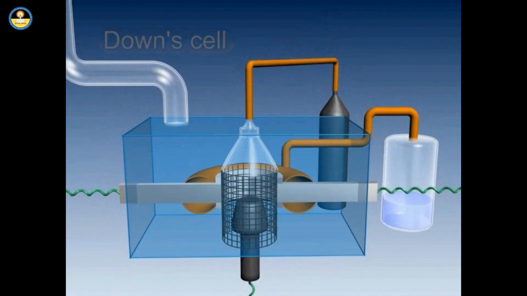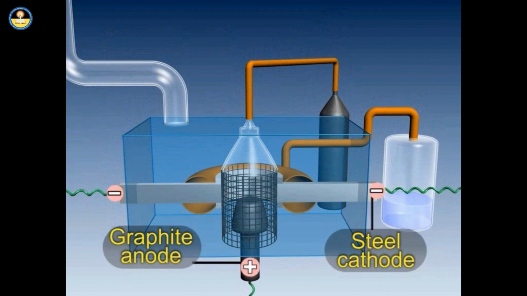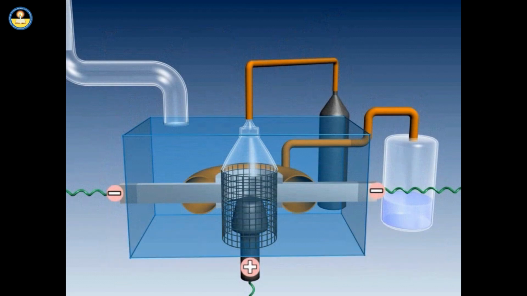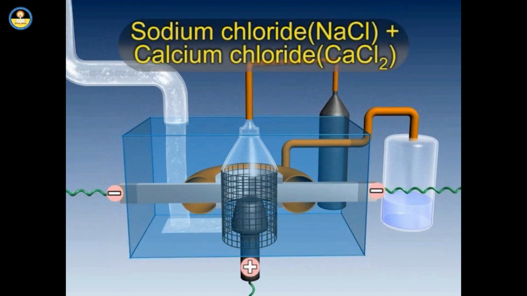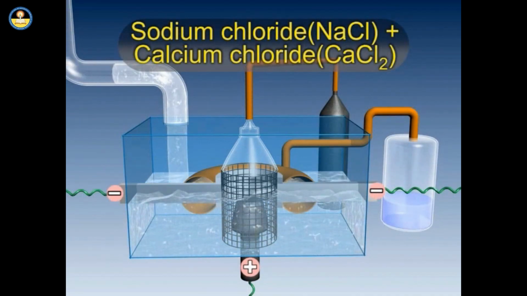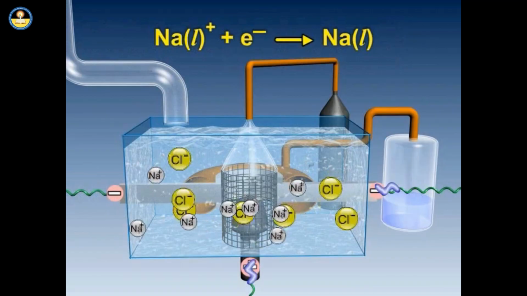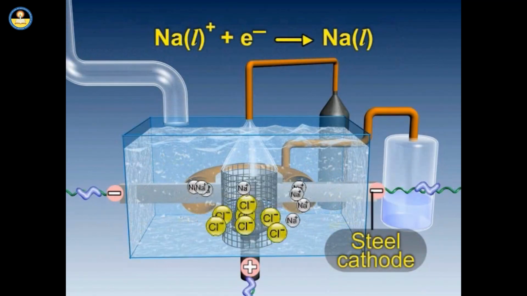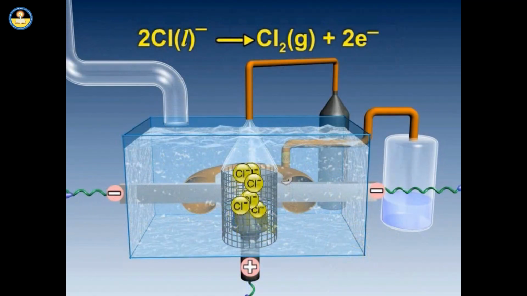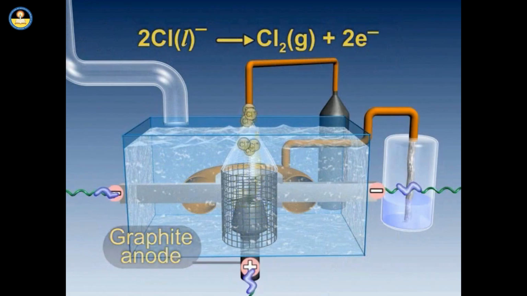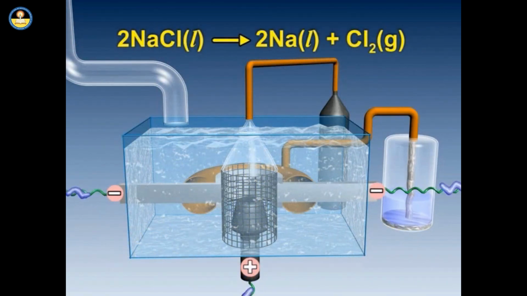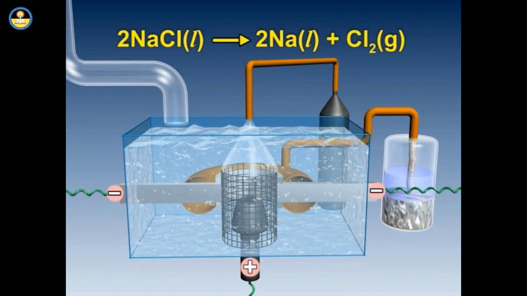Chlorine gas can be obtained from electrolysis of sodium chloride solution. From this chlorine, bleaching powder can be produced.